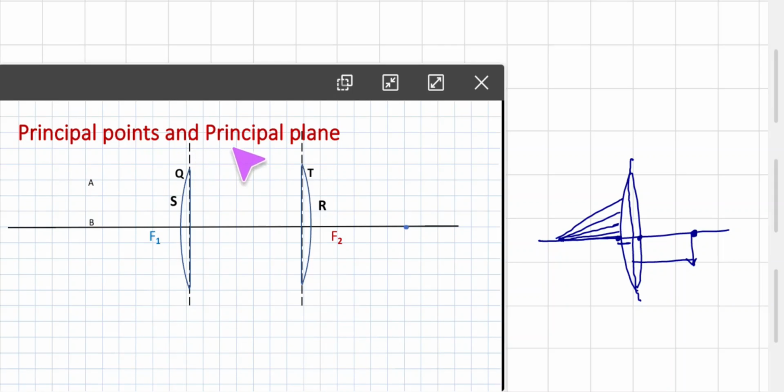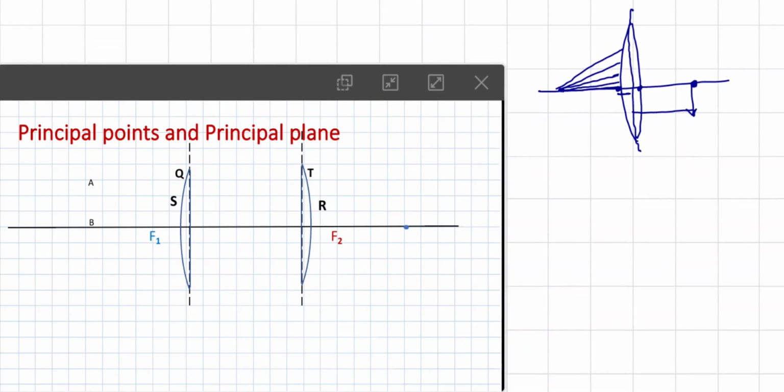So now we are talking about principal points and principal planes. For this, instead of using two lenses, now we are considering one thick lens. This is the first surface of the lens and this is the second surface of the lens. Now we have to find the principal points of the lens. Remember that we already saw that if the lens is thick, once the ray is incident on this, it refracts instead of going straight.